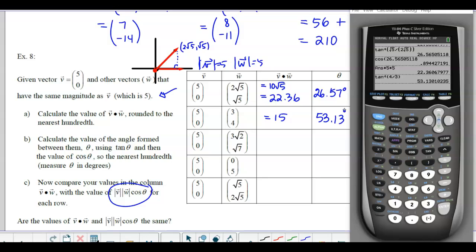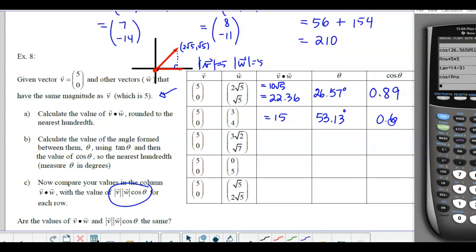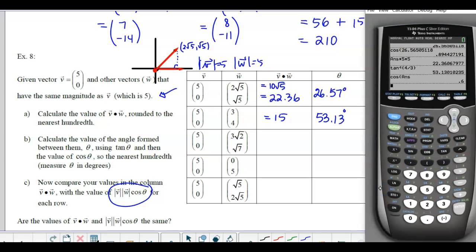While it's in your calculator, take the cos of it. You get 0.6. Now take 0.6 and multiply by 5, the magnitude of v, by 5, the magnitude of w. You get 15. Okay? Get the same value back.